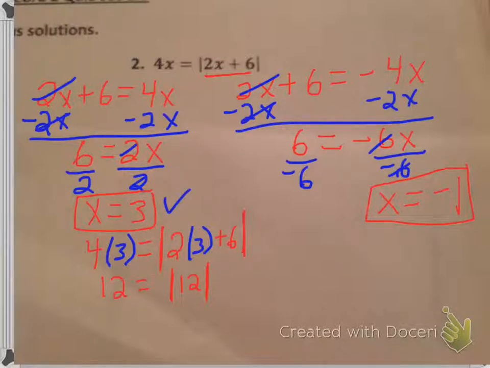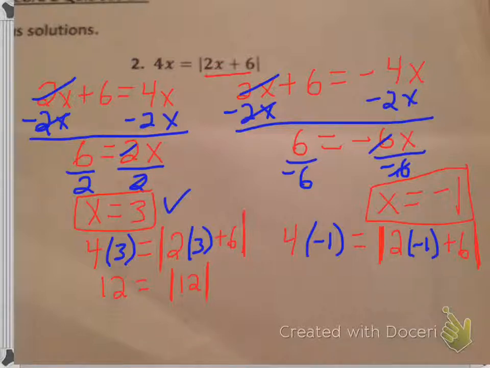Now I'm going to do the same process with our x equals negative 1. So I'm going to plug it back into the original problem. So that's going to be 4 times negative 1 equals the absolute value of 2 times negative 1, and then I still have the plus 6.